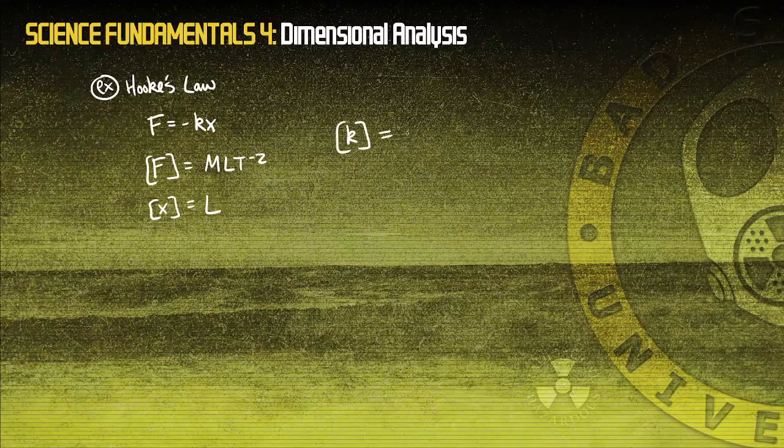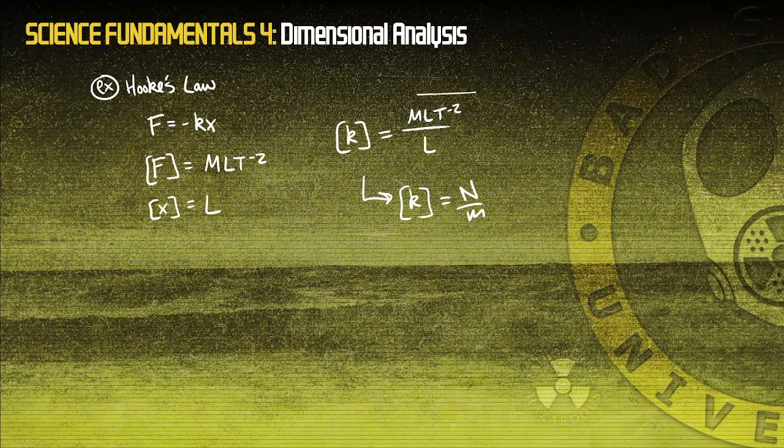So we'll have length on the bottom, and then we need force. So we're going to have m l t to the minus 2 in the numerator. And we can stop there because the units for k is newtons per meter, which we clearly have up top here.